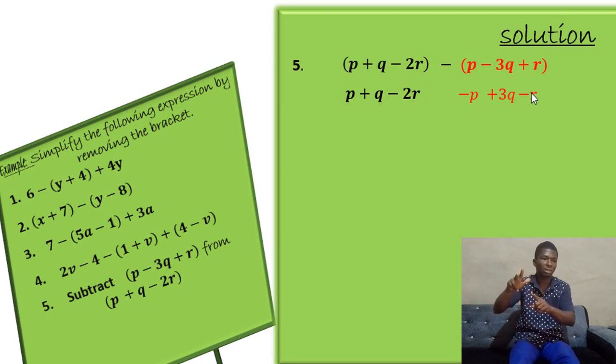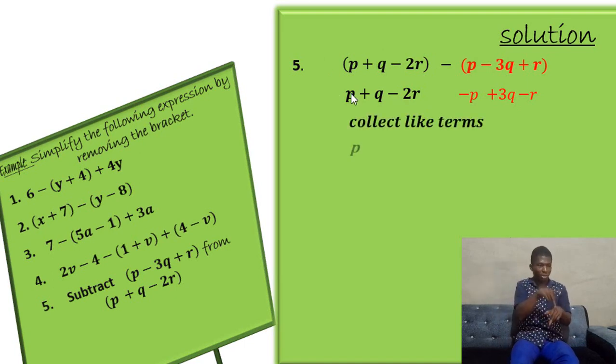So I'm having a p and another minus p here, and another minus p here, brought together. Next I'm having a positive q, and a positive 3q here. I'm having a minus 2r here and another minus r here.